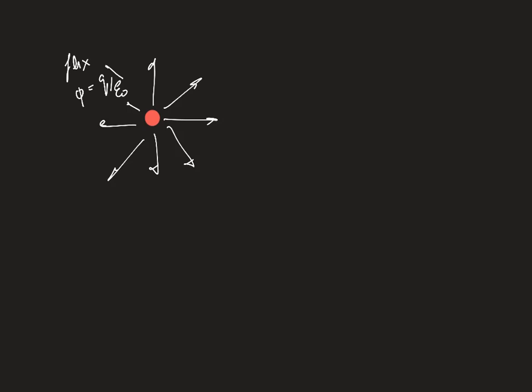So at a certain point, let's say at this point P, if this distance is r, and if we draw a sphere surrounding that charge, not a very good sphere, but it may do.